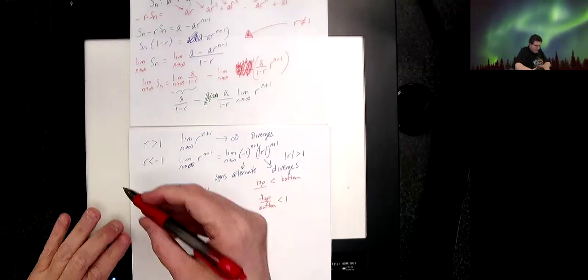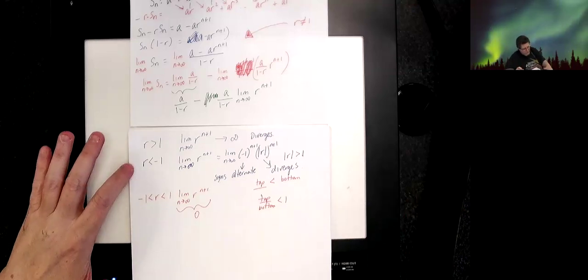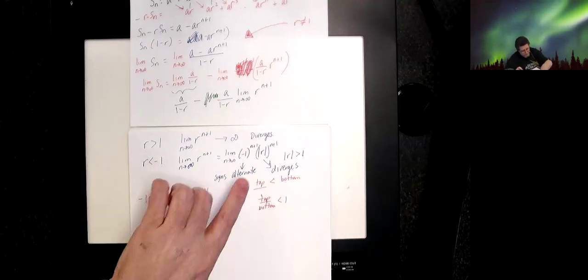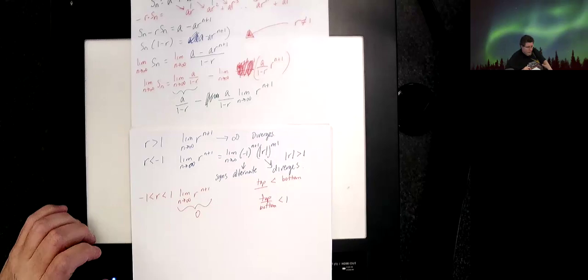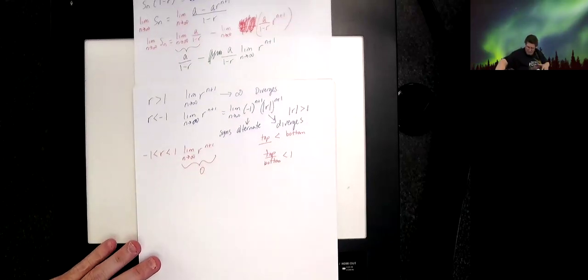You know what? I'm going to say less than. I can't say less than or equal to -1 because I don't want to use the absolute value or the r equals 1 case. What happens with r equals -1 and r equals +1?